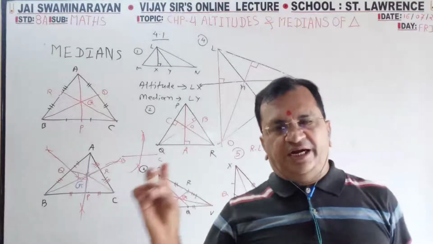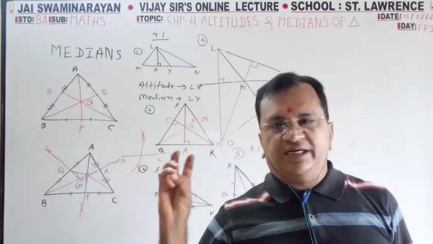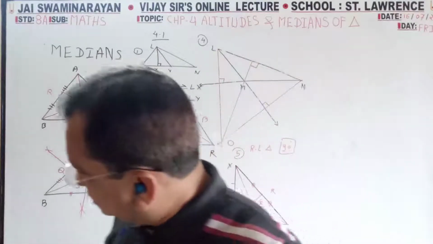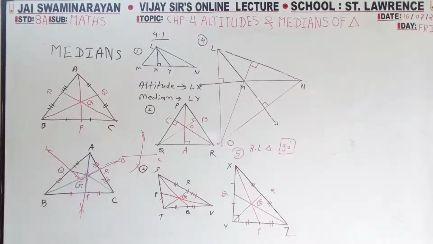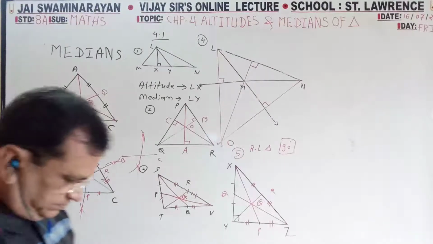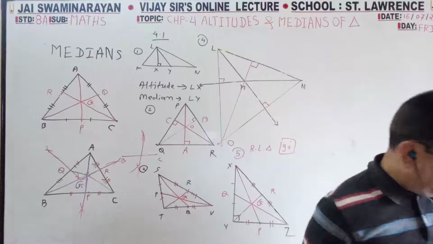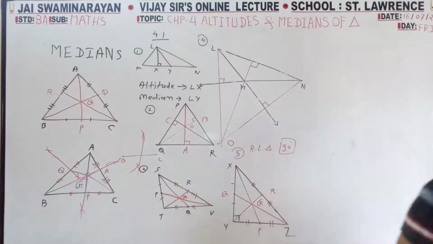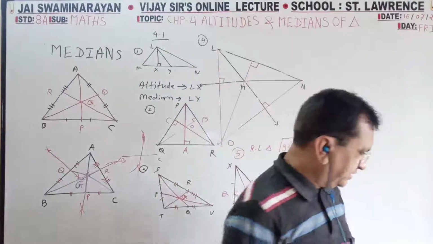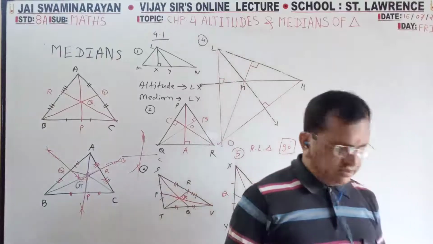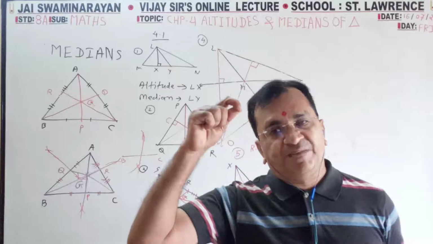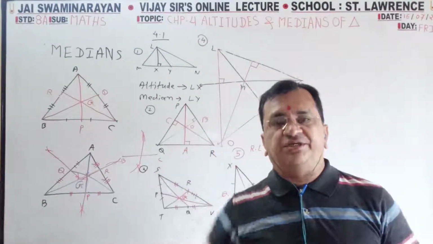In an obtuse angle triangle, right angle triangle, and acute triangle, every time G will be inside. Now to draw an isosceles triangle, the name is not given. Isosceles triangle, and both we have to draw. Median also, altitude also.